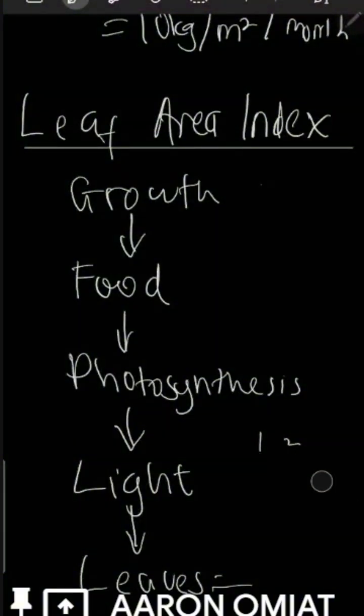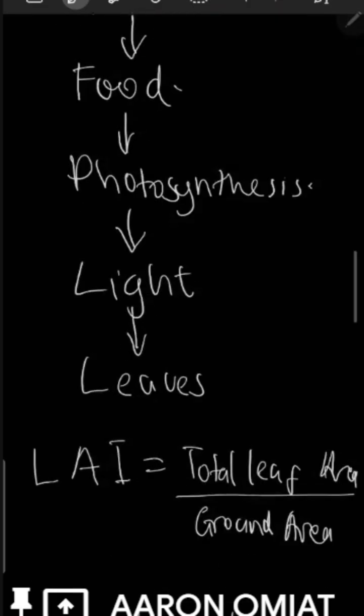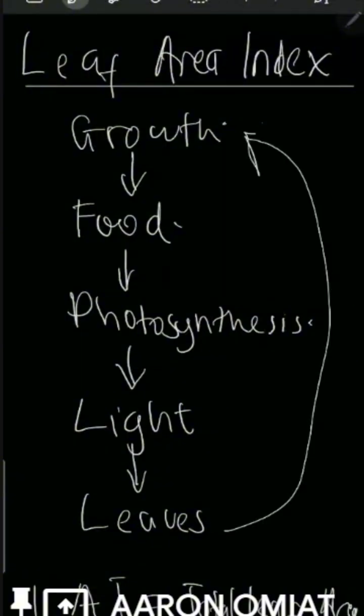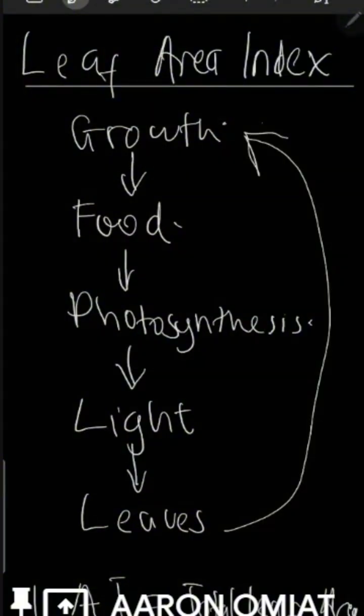Now, when we went to leaf area index, the premise behind all of this, the reason why we calculate leaf area index, is because we know that for plants to grow, they require food, and plants make their food by photosynthesis. Plants require light to carry out photosynthesis, and the light is trapped using the leaves, right? So with that knowledge, you can conclude the area of the leaf affects the growth rate.